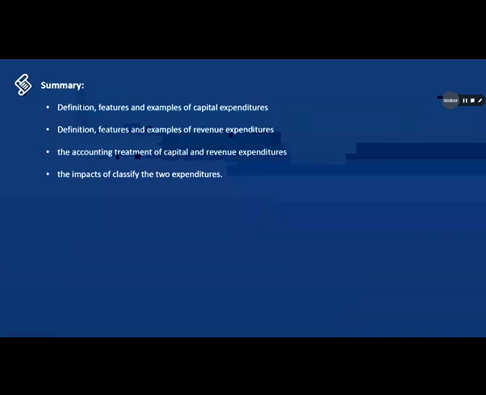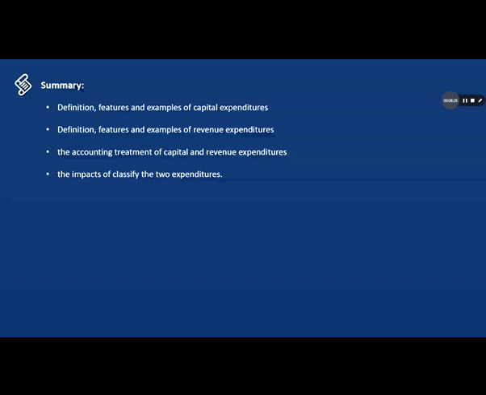So today we learned the definition, features, and examples of capital expenditure and revenue expenditure and the differences between them. And today we also learned the accounting treatment of capital and revenue expenditure and the impact of wrongly classified capital and revenue expenditure.